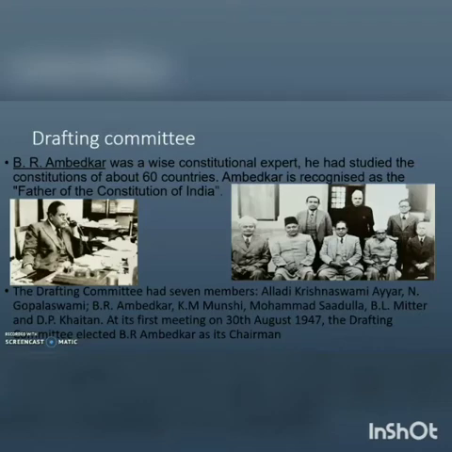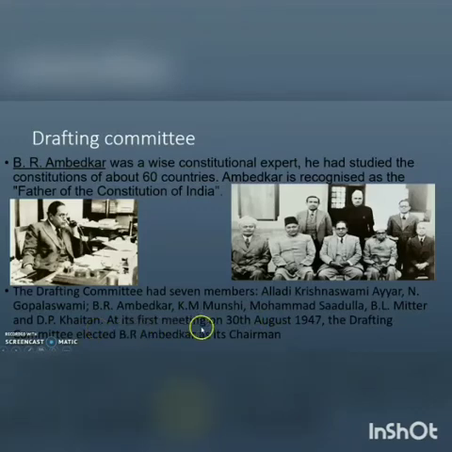So this is it. And to the right side, you can see the Constitutional Drafting Committee, wherein Ambedkar, along with six members, took the responsibility of drafting the Indian Constitution. Now, who are the members? The members are Alladi Krishnaswamy Iyer, N. Gopalaswamy, Ambedkar, K. M. Munshi, Mohammad Sadullah, B. L. Mittal, and D. P. Khaitan.